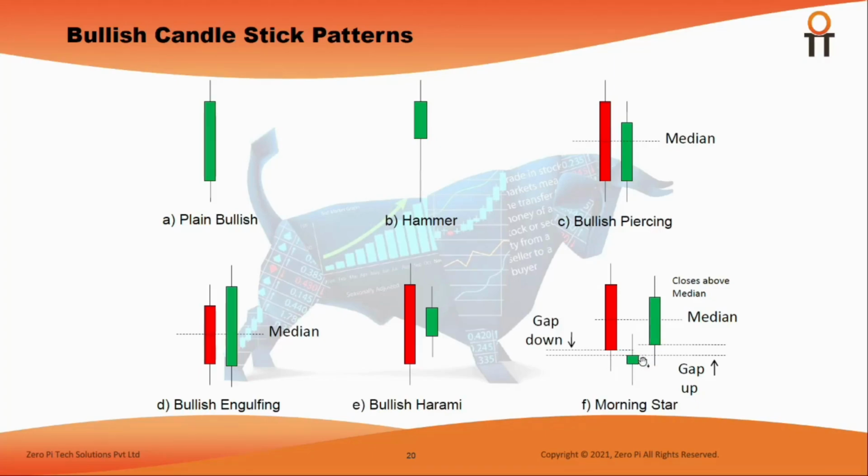And the third candle, this candle is bullish. It closed here. Gap up opening for this candle, and it is closing above the median of the red candle. In such a case, we say it is a morning star. So whenever you see such patterns, go ahead and trade as a bull.